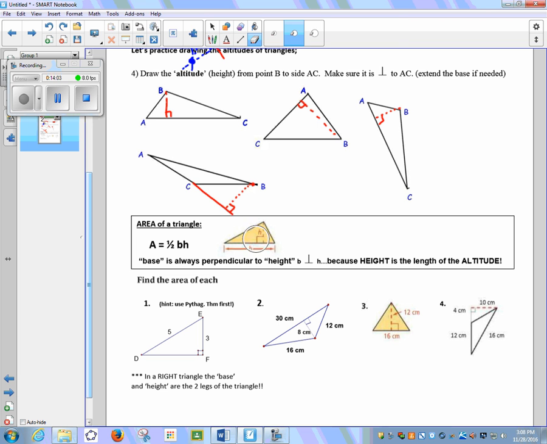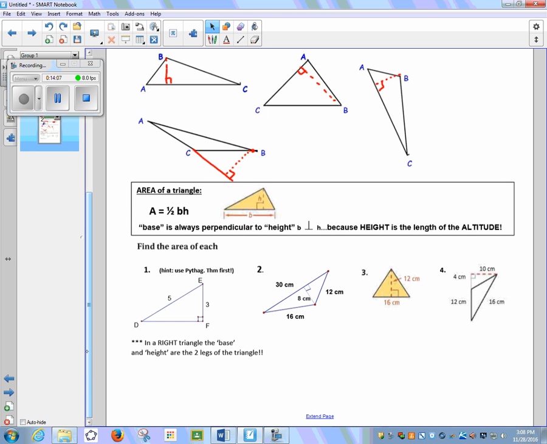Okay, the last concept here relates altitude to its most significant usage, and that is when we're finding the area of a triangle. So the formula for area of a triangle is 1/2 base times height, sometimes written BH over 2, B times H, and then divide by 2, where the base and the height are always perpendicular to each other.